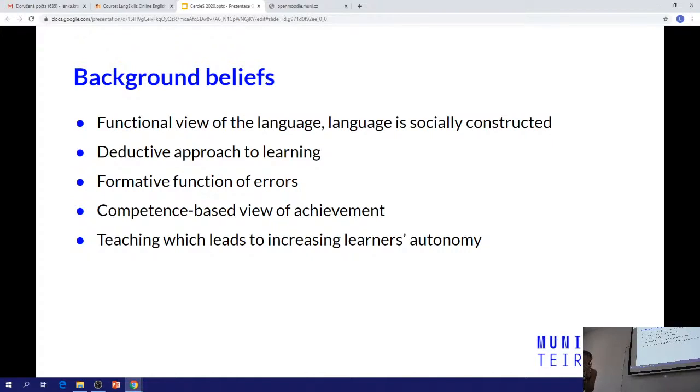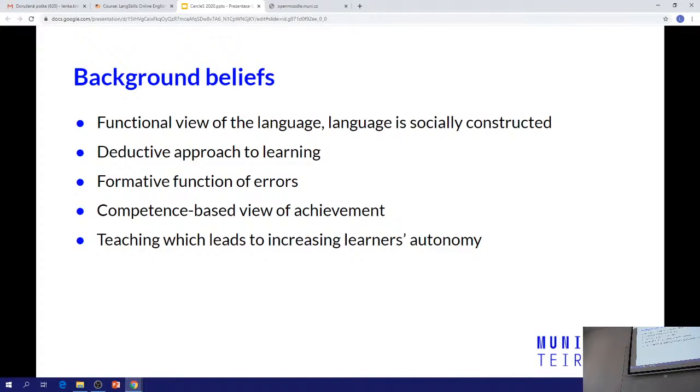As Skehan says, the deductive approach seems to be the one which helps to even out the individual differences in the classes, and it benefits all the aptitude profiles. We also see errors as stepping stones towards the end. I think that's quite clear, and I'm pretty sure we share that view.